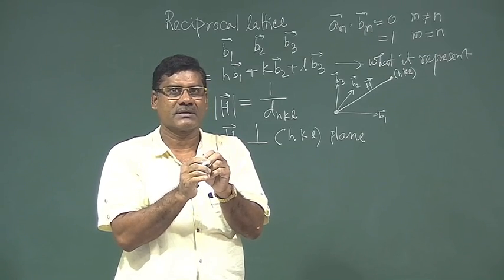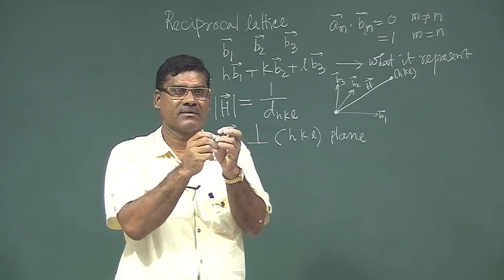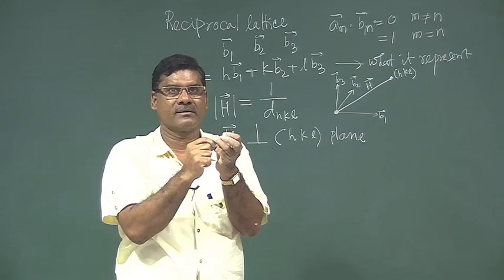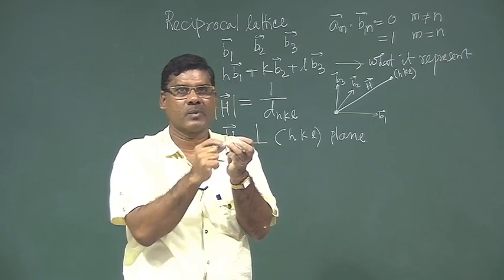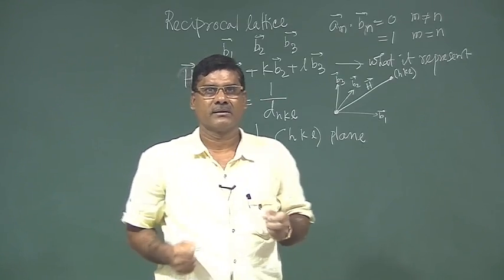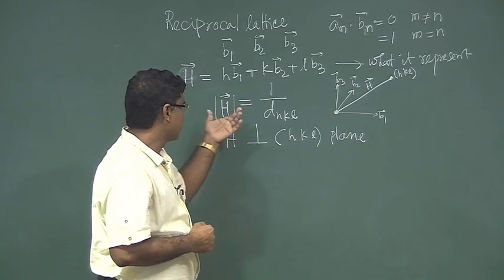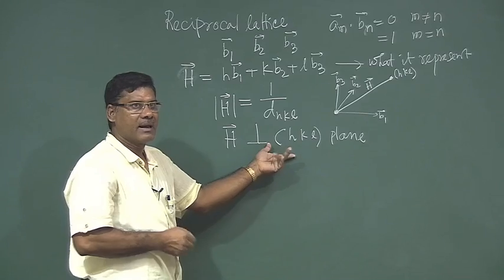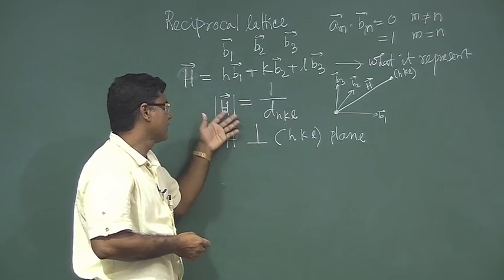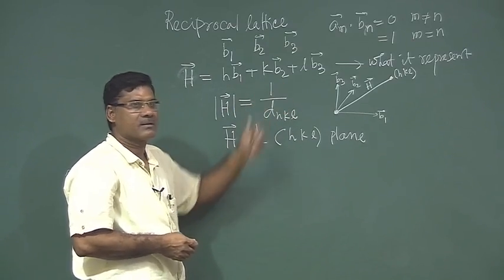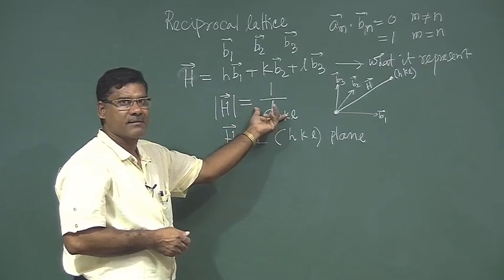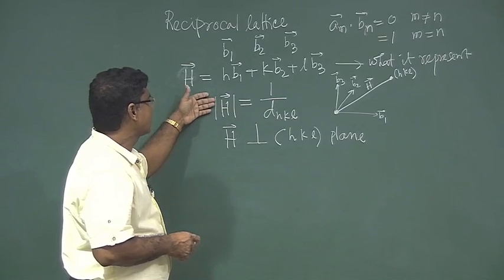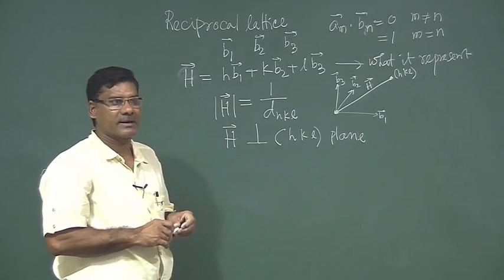And now we see that if I take an origin and draw a line up to any point, it will represent the normal to the corresponding plane, and the magnitude of this line will be the reciprocal of that planar spacing. Okay. So, that is the necessity of this reciprocal lattice.